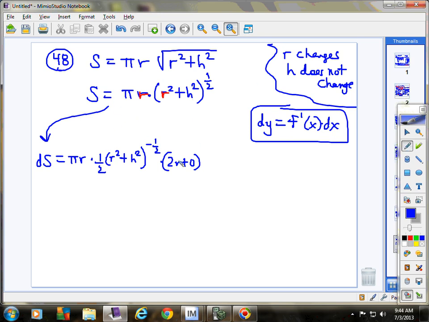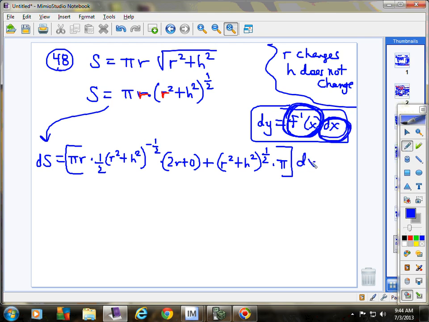So there's one part, plus the second times the derivative of pi r, which is just a pi. So everything I've got so far is this part. It's the derivative with the product rule. And then all of that's got to be times a what? dx, the end.